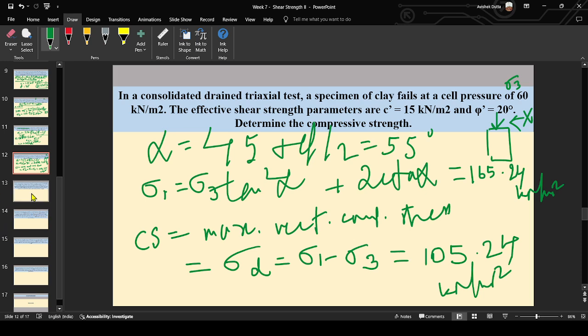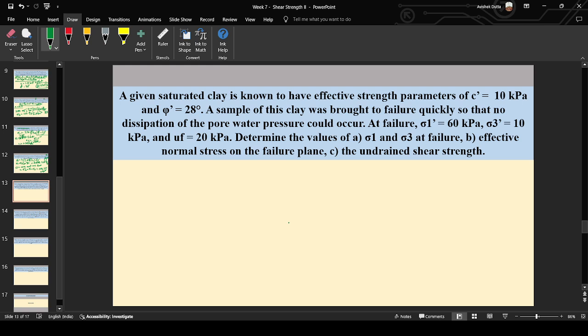Next question. Saturated clay with effective stress parameters of 10 and 28 degrees. No dissipation of pore water. Sigma 1 dash is 60, sigma 3 dash is 10, and u at failure equals 20. Find the value of sigma 1 and sigma 3 at failure. Very simple.